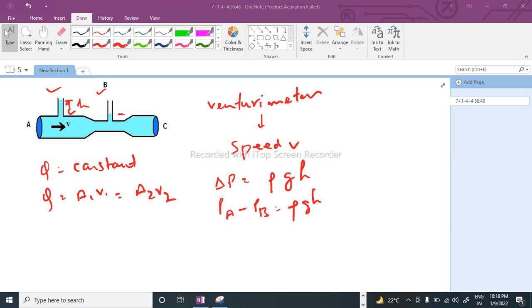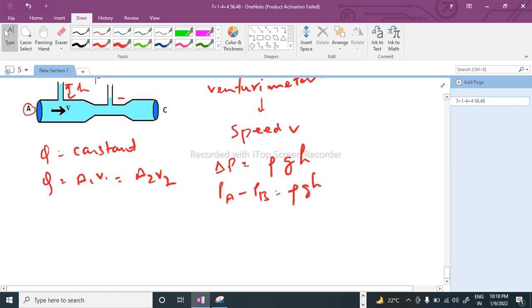We can also apply Bernoulli's equation between point A and B. Because this is a horizontal pipe, you know that the expression is PA plus half rho VA square is equal to PB plus half rho VB square.